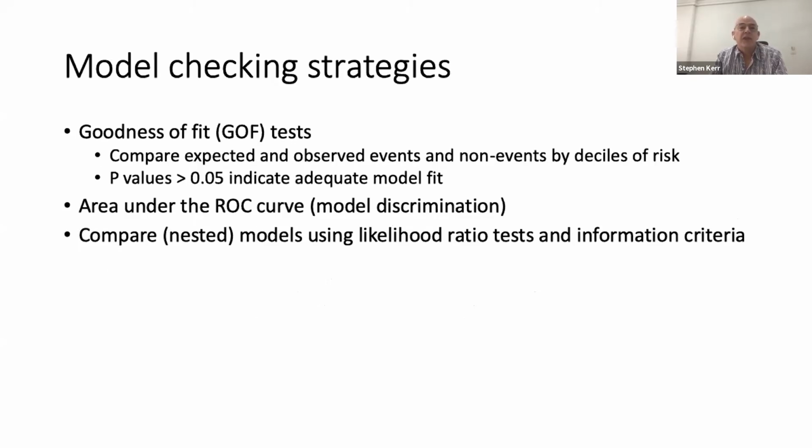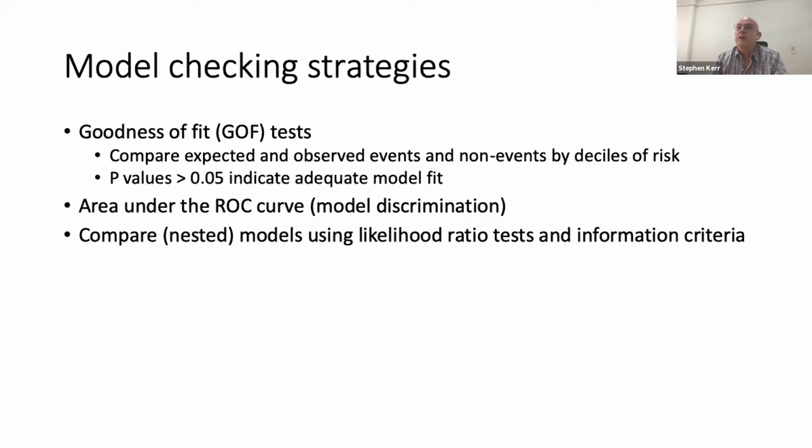There's different model checking strategies we can use, and three very common ones are goodness of fit tests. And goodness of fit tests are like chi-squared tests, because what we do is we compare the expected and the observed number of events, usually categorized by deciles of risk. And a p-value greater than 0.05 indicates that the model adequately fits.